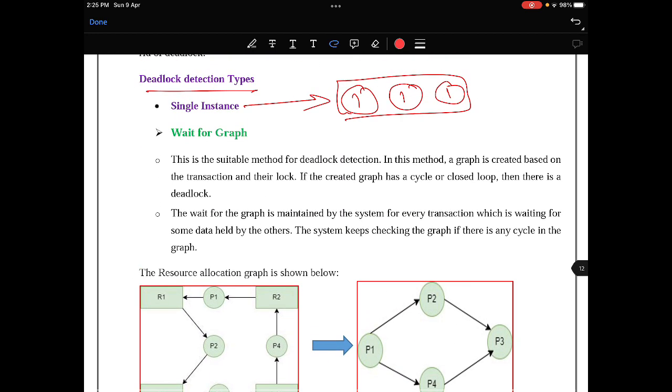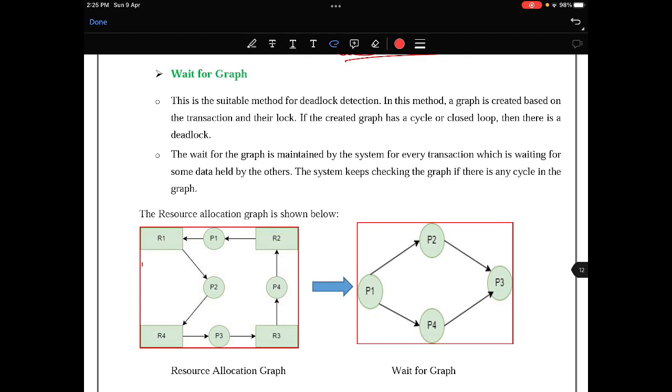So if we have only a single instance, how will we detect deadlock? See, this is the resource allocation graph. First of all, we will learn how to draw a resource allocation graph. The rule is, suppose P1 is requesting resource R1, so we draw an arrow from P1 to R1, and suppose this resource is already allocated to P2.